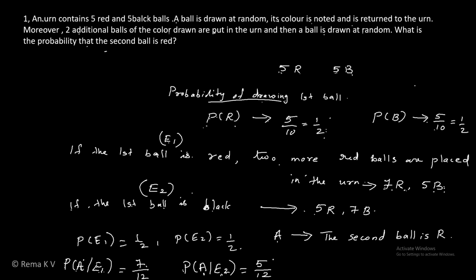Now we have to find the probability of A. We are applying the theorem of total probability. Probability of A is equal to probability of E1 into probability of A given E1 plus probability of E2 into probability of A given E2. We can substitute the values. You know that probability of E1 is 1 by 2 into A given E1 is 7 by 12, plus probability of E2 is 1 by 2 into 5 by 12.